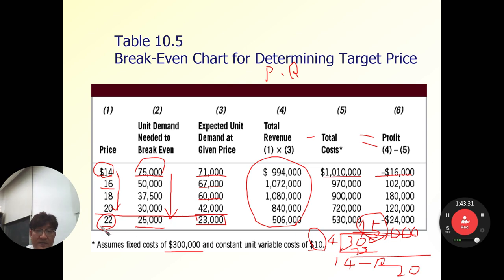If you increase the price to 22, your break-even point decreases to 25,000. However, demand in this case is smaller than your break-even point, which means you also have a negative profit. So what is going to be your optimal price? Can you choose the optimal price?